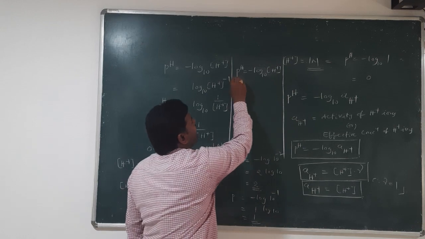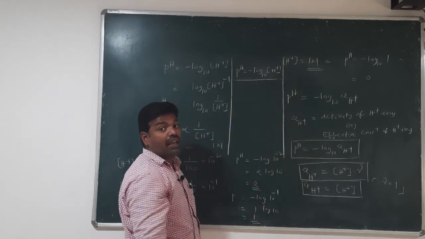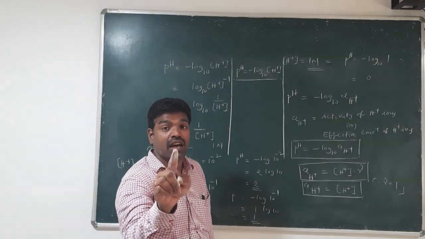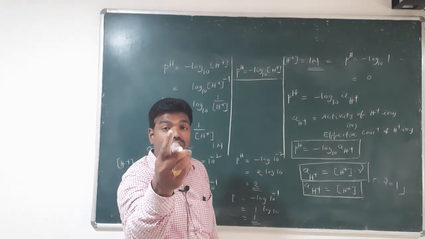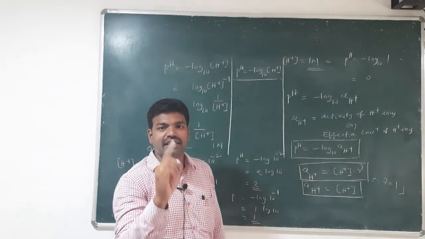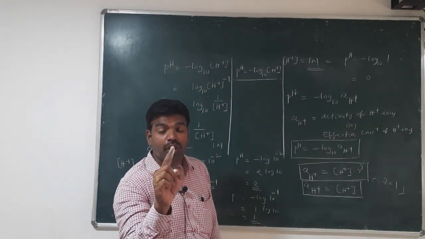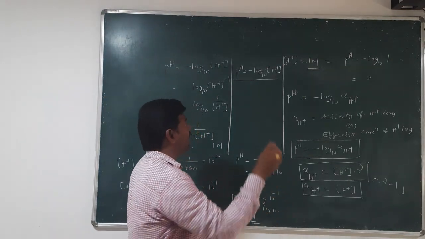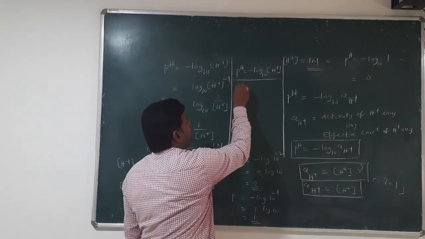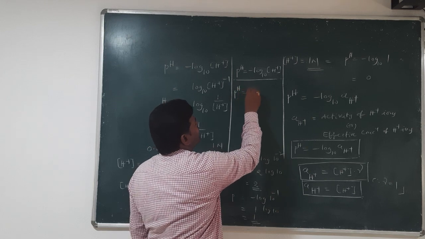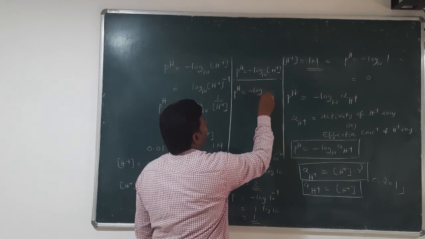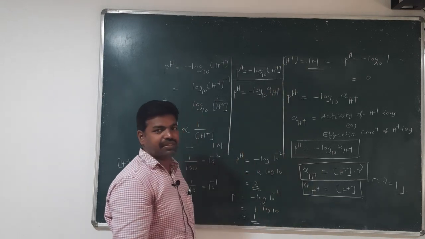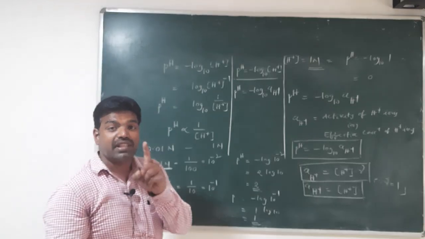This is the definition for pH in the case of low concentrated solutions, that is less than 0.1 normal, that is less than decinormal. And the definition for pH in the case of high concentrated solutions is negative logarithm to the base 10 of activity of H plus ions.